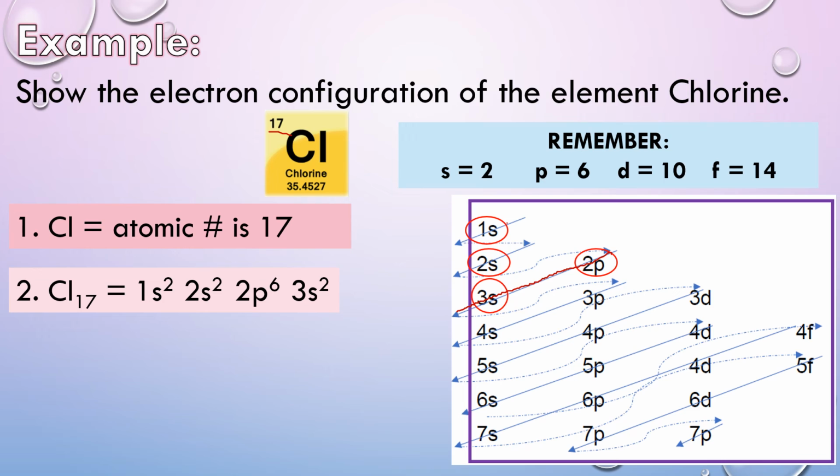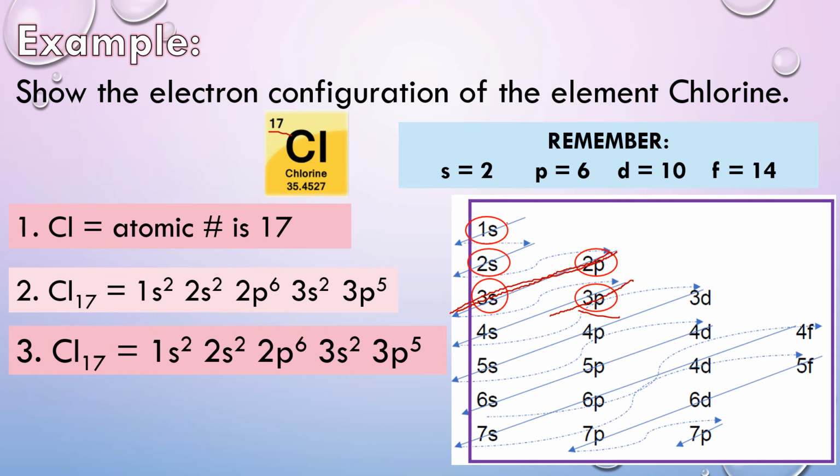So 3s, 2. And next ng 3s, okay, we're done na with this arrow. Dito naman tayo sa susunod na arrow niya. So first na matatouch is the 3p. So we will write 3p, 5. So 5 na lang dyan nag-end yung electron configuration ng chlorine.